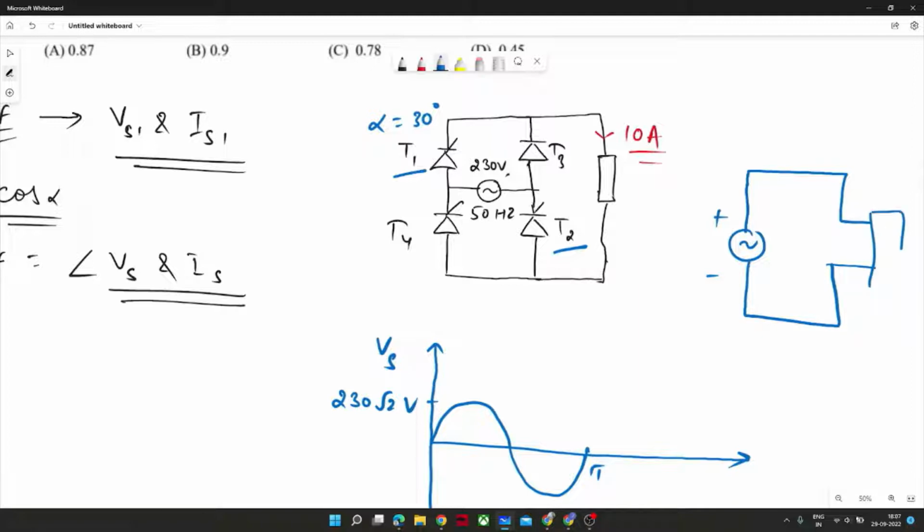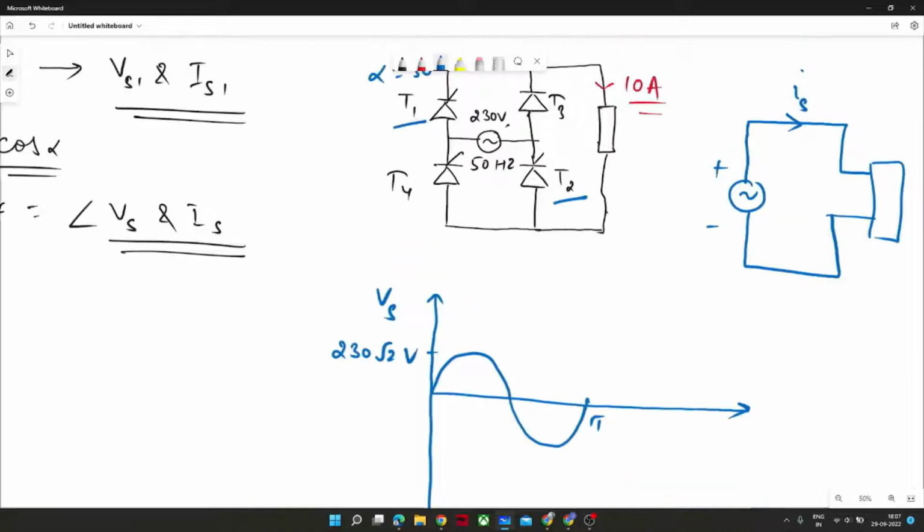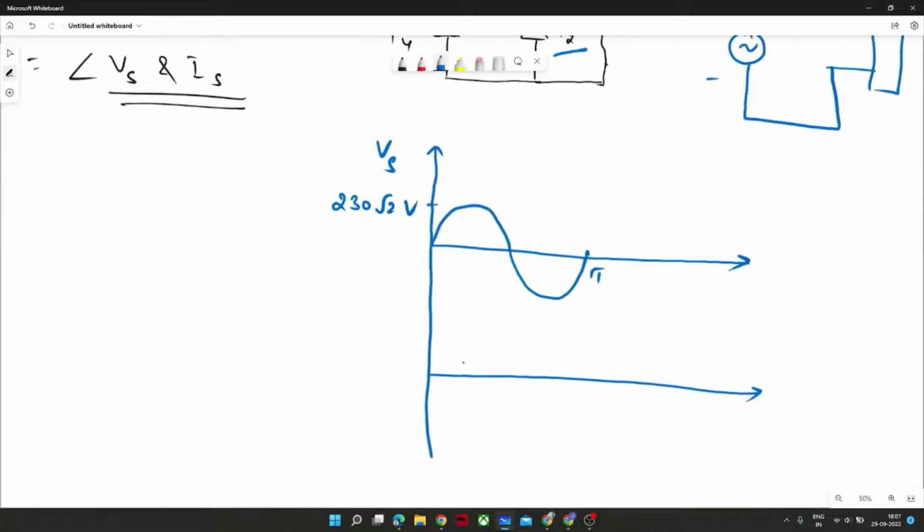And here the load would be connected and current would flow. Okay, so in this manner T1 and T2 will conduct, and the power flows, but this forward current, this Is is positive. Let us assume this direction is positive. So this current is positive for this half. Let me identify this alpha.